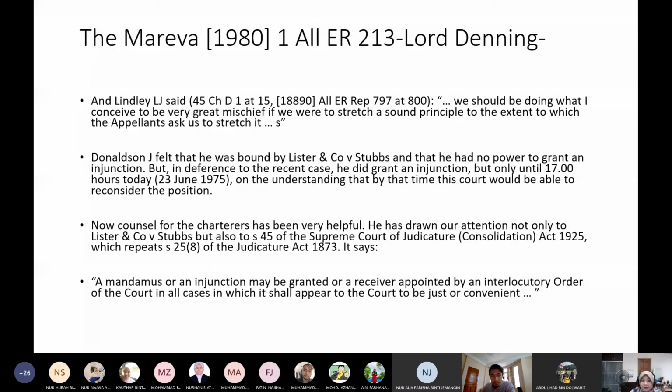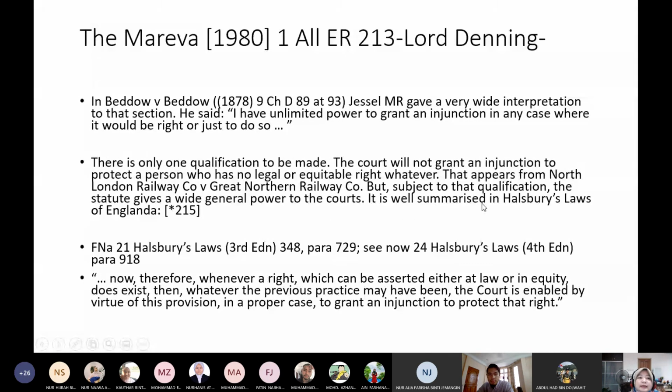Okay, so basically the counsels are referring to this, arguing based on this. This is what the judges have been referring to, from Lord Denning's statement.